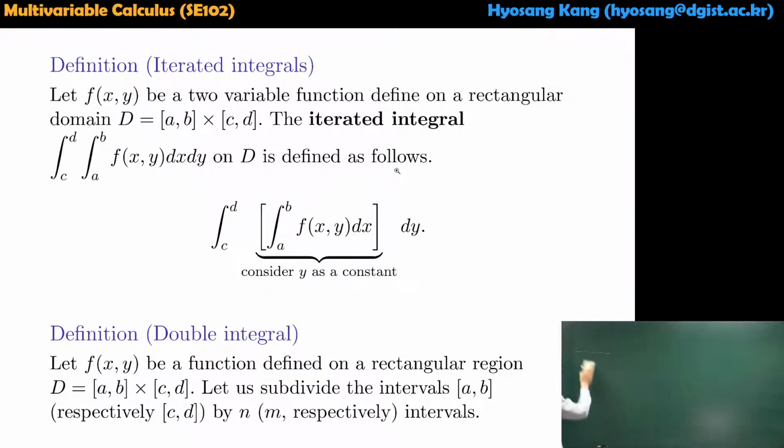Probably you learned that the integration of a function whose graph is like this, with the x-axis and y-axis here, and here is an interval a to b, and the area under the curve is the integral of f(x) from a to b, and that's the definite integral.